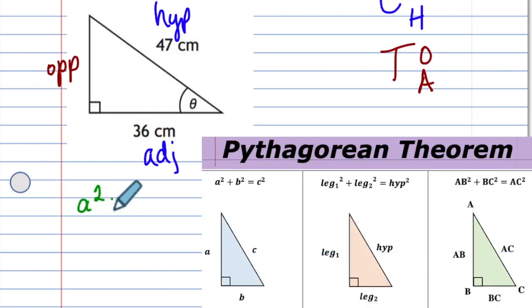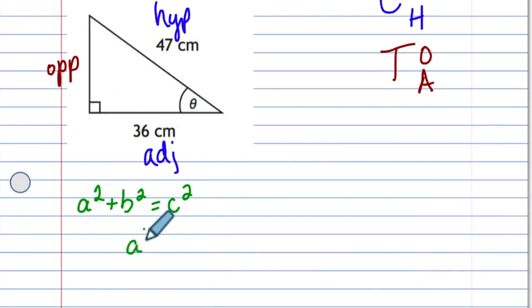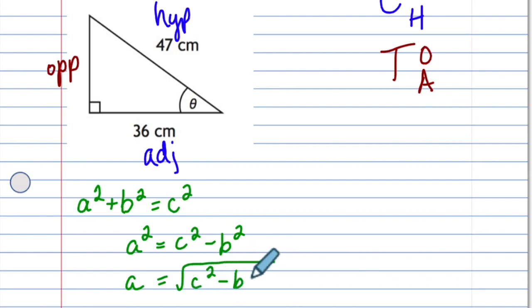We have a squared plus b squared equals c squared, where c is the hypotenuse and a and b are the 2 legs of the right triangle. A squared is c squared minus b squared because we subtract b squared from both sides, and a is the square root of c squared minus b squared.